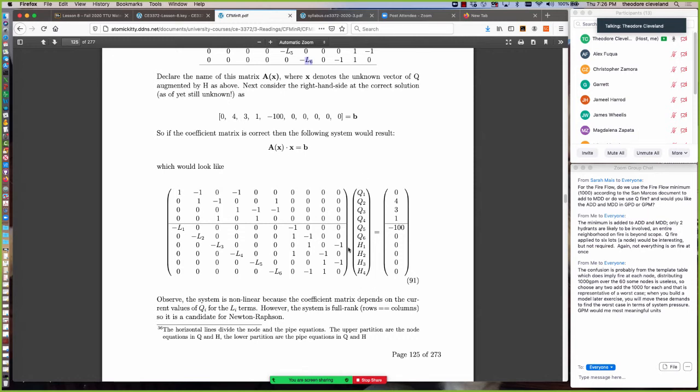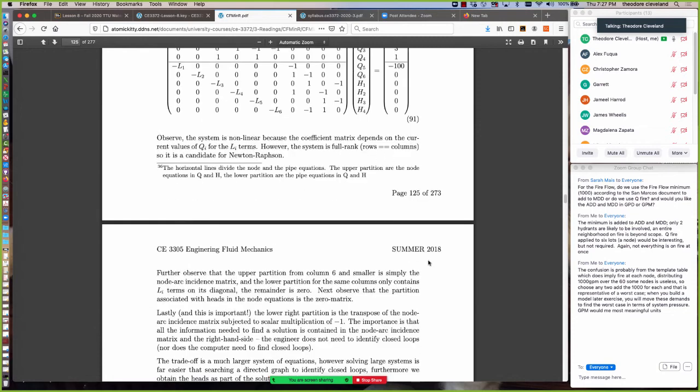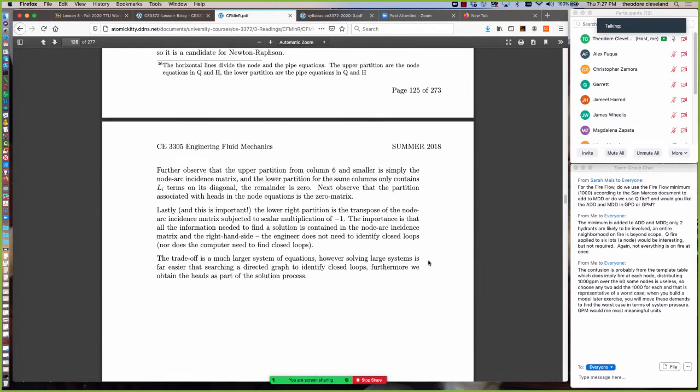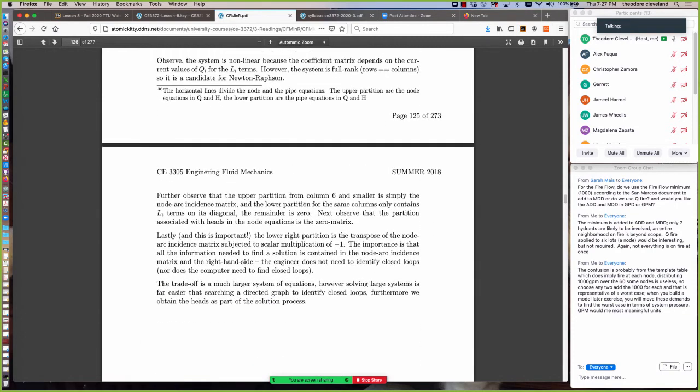We keep doing that until this vector is not changing, and until the error between the solution and the right-hand side goes to 0. So everything I just said is here in writing.